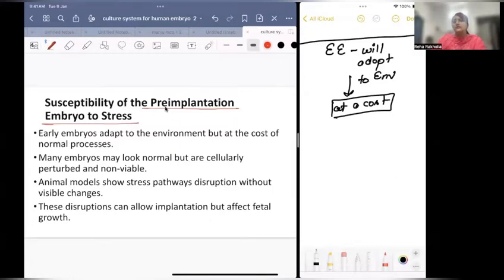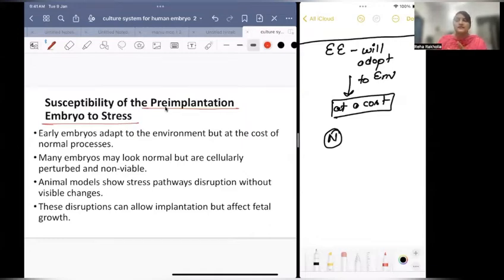How? The embryo initially may look normal, but there is cellular disruption and it will become non-viable. Implantation may occur even if the embryo has gone through stress, but there will be growth retardation. Stress also affects implantation and pregnancy rate.